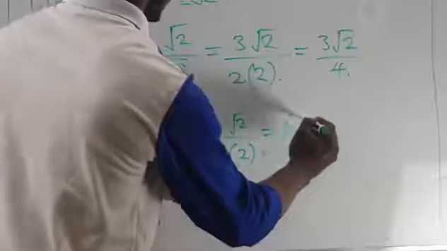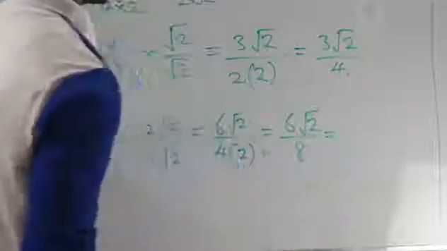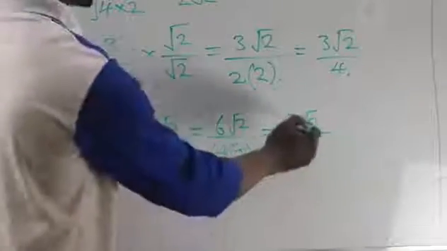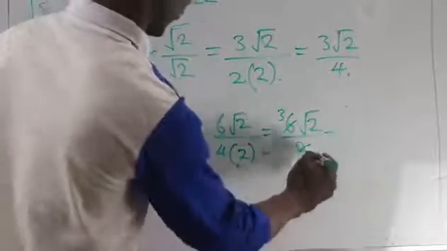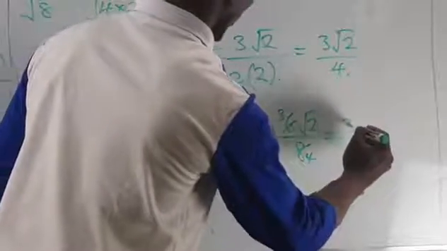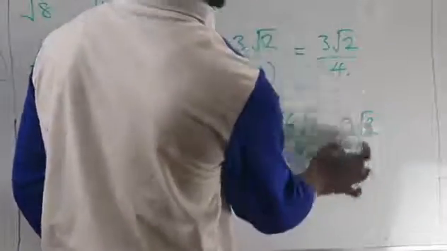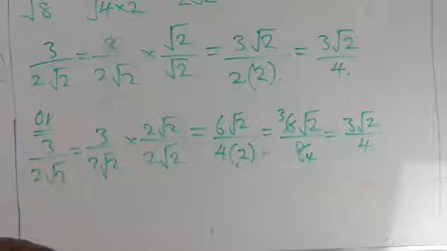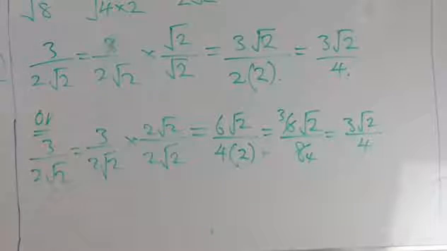So we have 6 root 2 all over 8. Here we have a common factor, so you can reduce it: 2 into 6 is 3, 2 into 8 is 4. That's why we have 3 root 2 all over 4. So you can see we have the same answer using ordinary root 2 or 2 root 2 to rationalize.